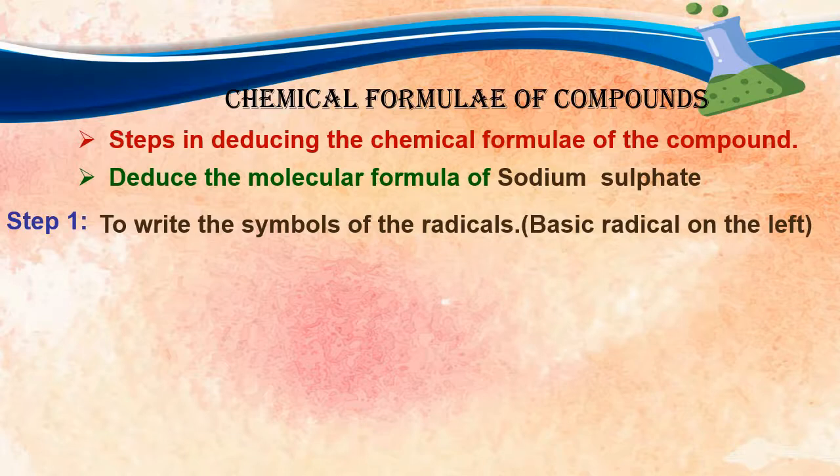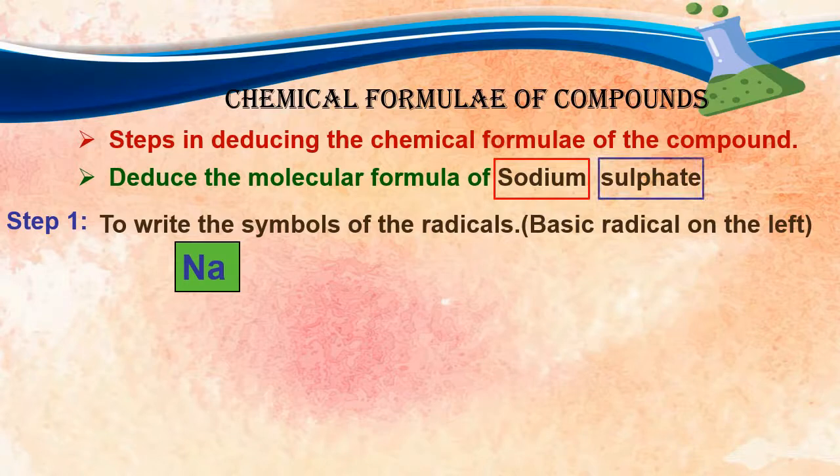In sodium sulfate, sodium is the basic radical, so we write the symbol of sodium radical, Na, on the left. In sodium sulfate, sulfate is the acidic radical, so we write the symbol of sulfate, SO4, on the right.